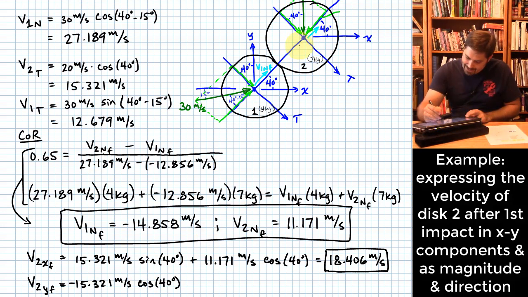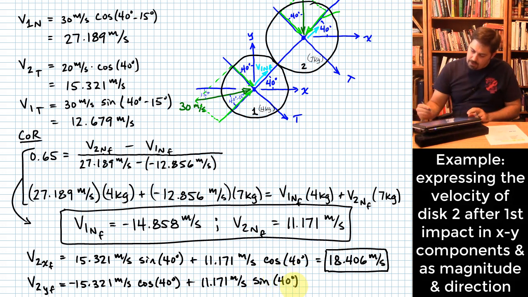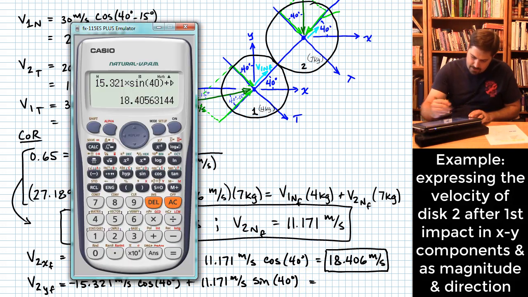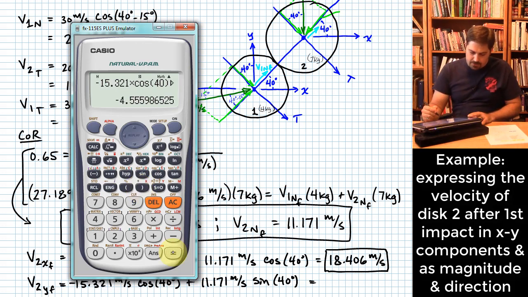Now we're going to add 11.171 meters per second times the sine of 40 degrees, because that generally points upward there. So minus 15.321 times the cosine of 40 plus 11.171 times the sine of 40 gives us negative 4.556, we'll say.